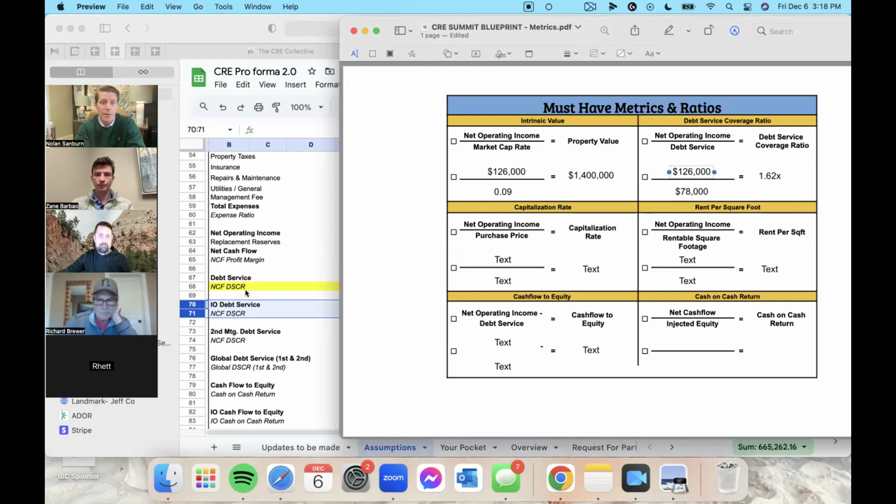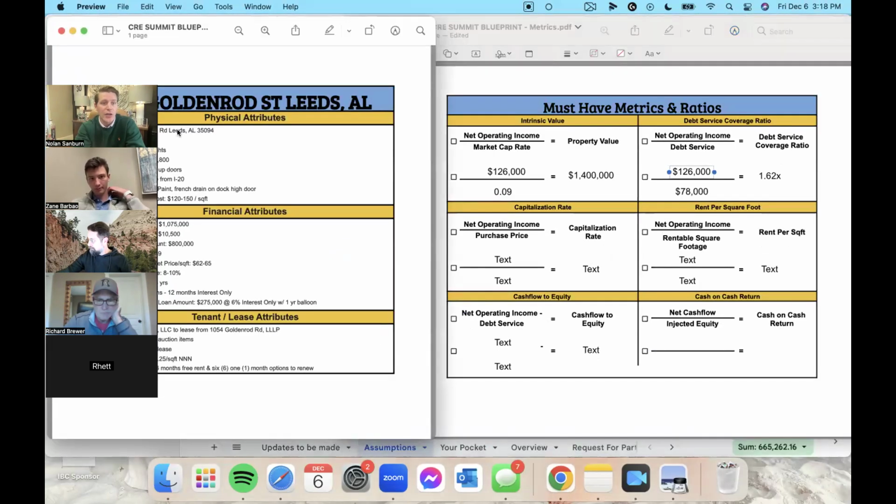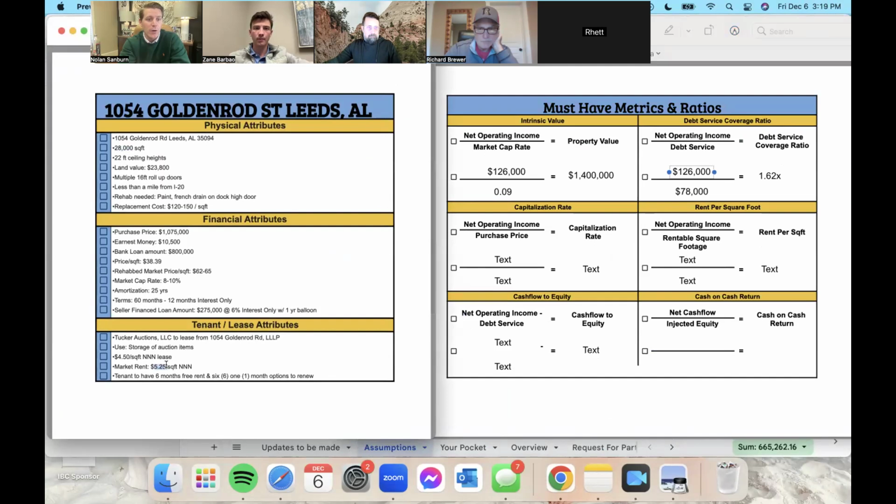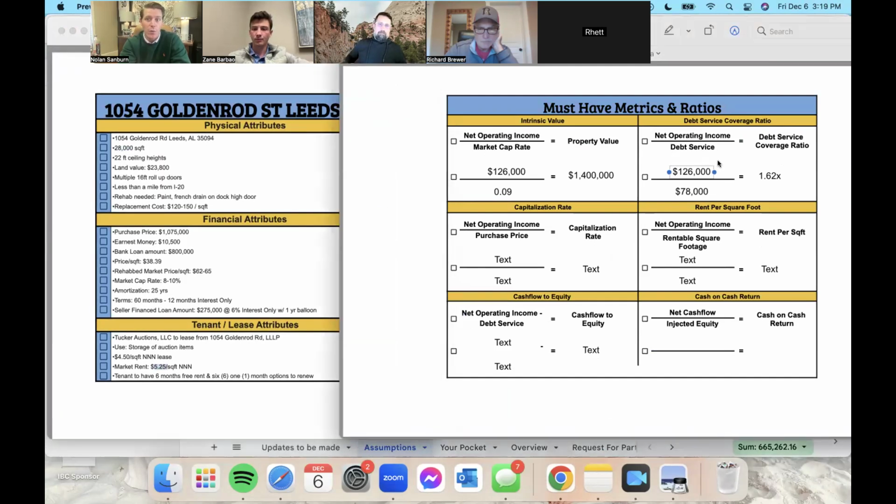The market rent is actually closer to like $525 a foot, and I got them right now at $450. So this number could really increase once I re-tenant the space to a new tenant, or I renegotiate the lease with the existing user. But 162 is strong. That's a low risk deal.